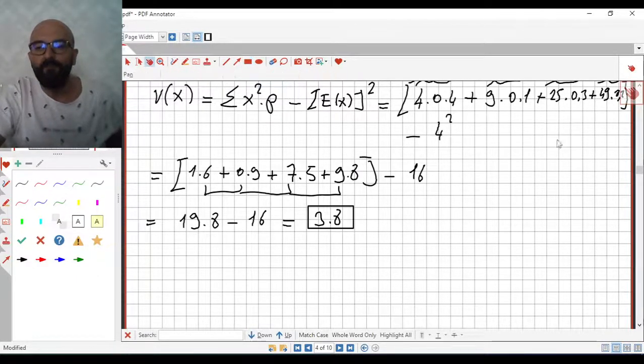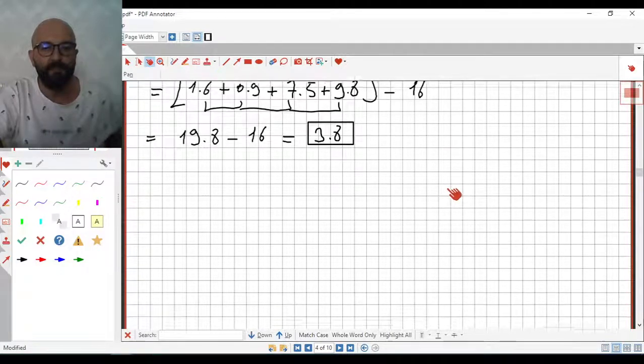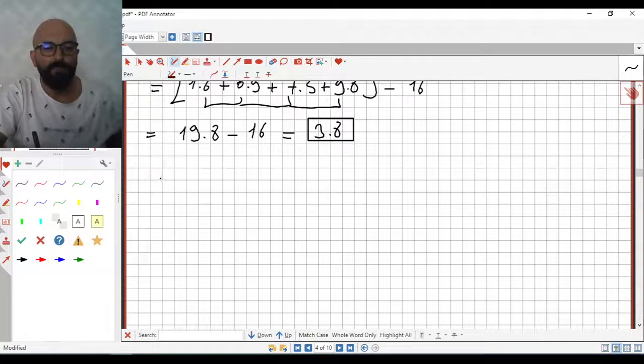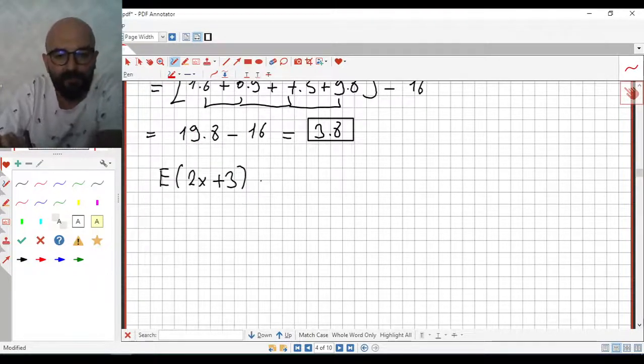But we want to find the expected value of 2x plus 3. The expected value of 2x plus 3 means 2 multiply the expected value of x plus 3.